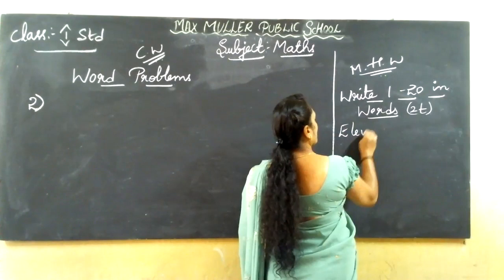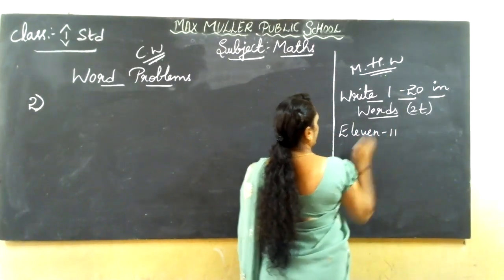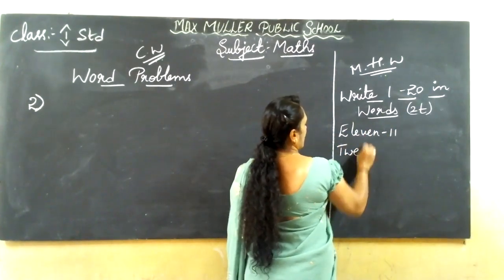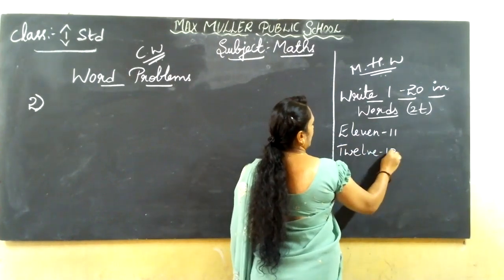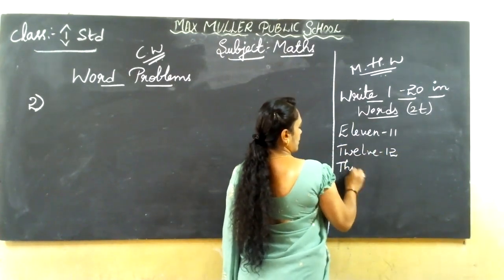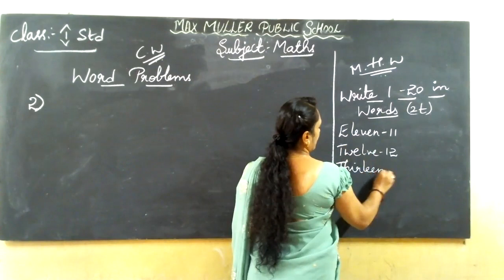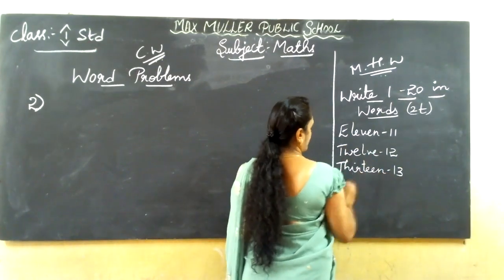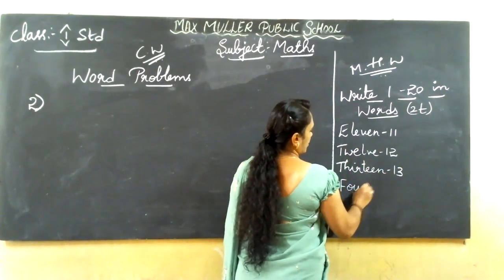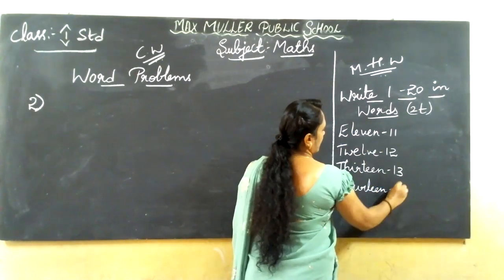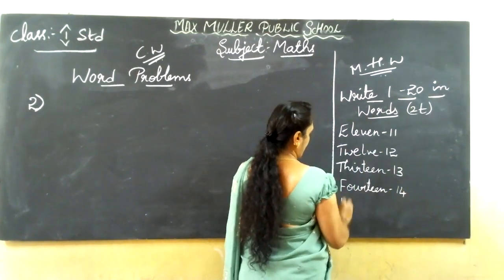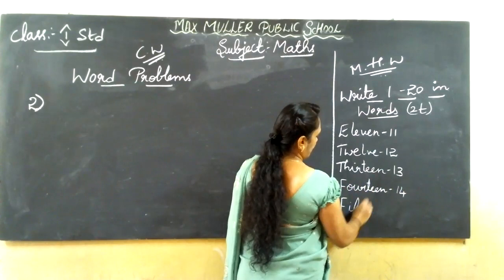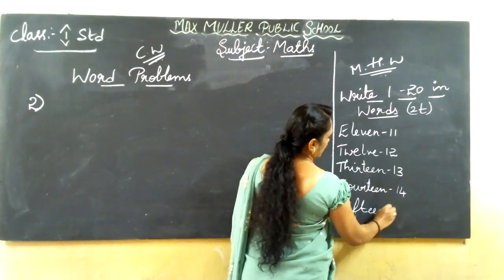ELEVEN 11, TWELVE 12, THIRTEEN 13, FOURTEEN 14. Don't write 15 like that. Some children will write it like that, no, that is wrong.